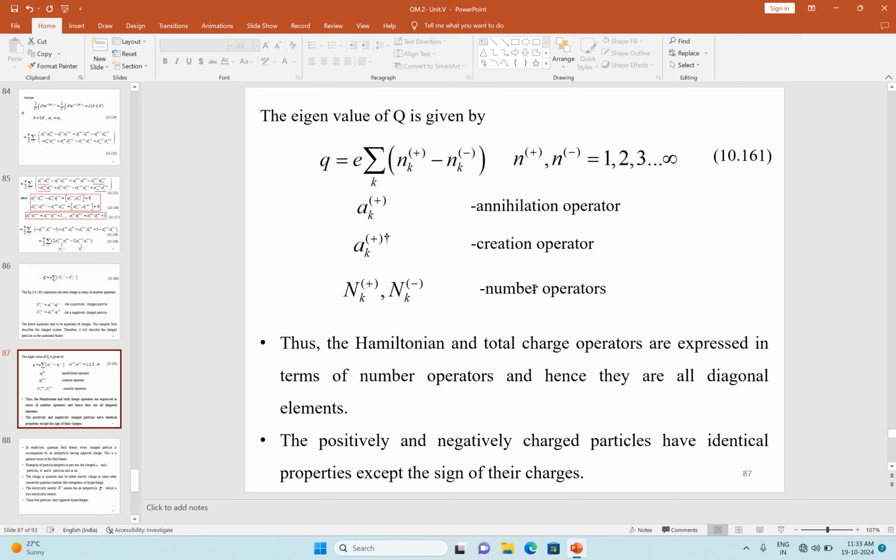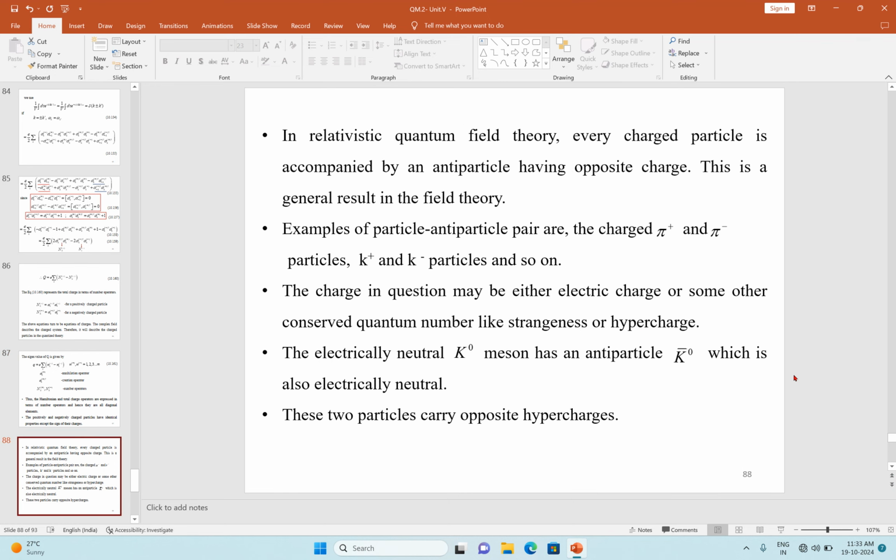Here now we have used number operators to calculate the charge operators. Hence they are all diagonal elements. One can also obtain the Hamiltonian, momentum density, also you can obtain momentum, and the total charge operators. The positively or negatively charged particles have identical properties except the sign of their charges. You have plus and minus, that's all.